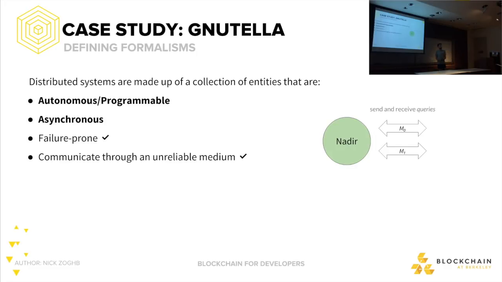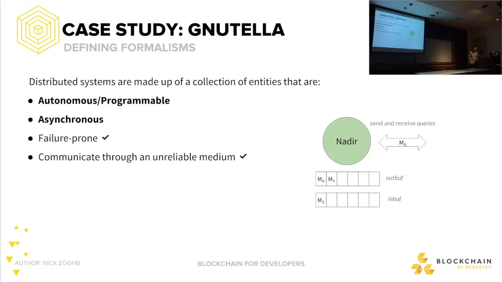Or if two messages arrive at the same time, that's an issue. So how do I handle this asynchronous paradigm? I have an inflow and an outflow, two buffers that just store those packets until I can get to them, until I can either send them out or bring them in.